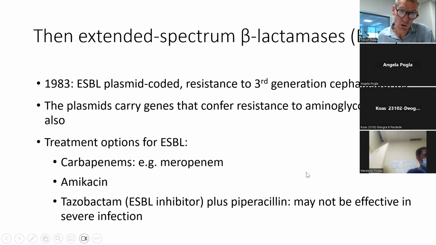But they didn't last long. And as I said, in 1983, the first extended spectrum beta-lactamases were found. They mostly developed in gram-negative infections. And we found them early on in the 1990s among Haemophilus influenzae type B, one of the commonest causes of bacterial meningitis.